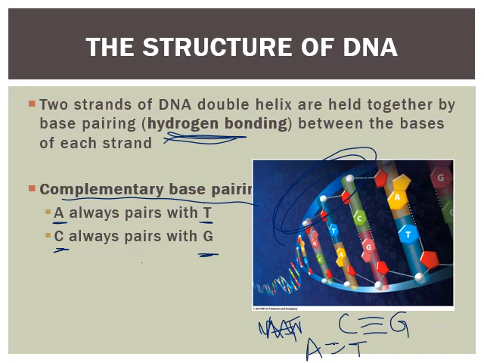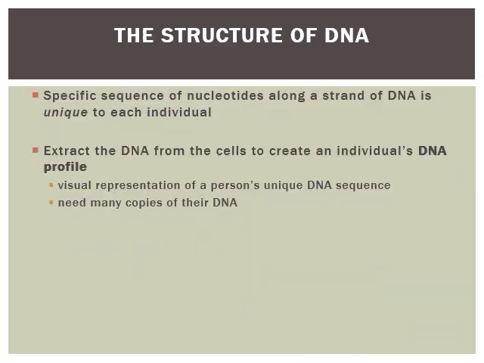The one I always just think of is at. At makes sense. CG doesn't really make sense, but I think of C and G looking pretty similar to each other. So you can find different ways to remember that, but A is always with T, C is always with G.